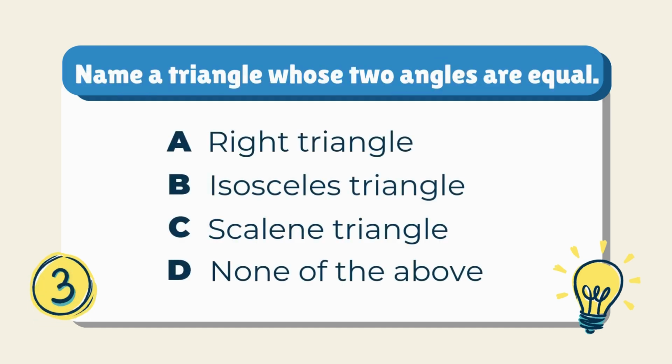Question number 3. Name a triangle whose 2 angles are equal. A. Right triangle. B. Isosceles triangle. C. Scalene triangle. Or D. None of the above. Your timer starts now.